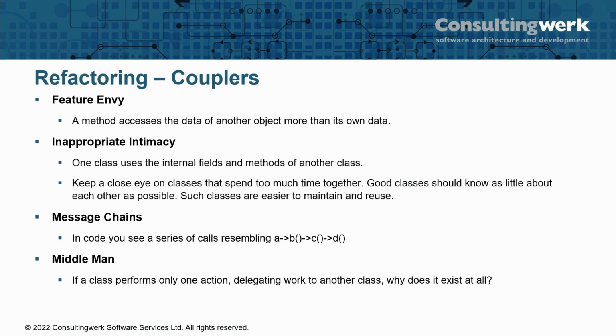That's where segregation has gone too far. That's what I mean by that particular one. Then we have message chains. This is one of my pet hates. We have a class that calls from A to B to C to D to E to F, and it doesn't know where to stop, because the whole design of that particular process was not, shall we say, well conceived. So that's what I mean.